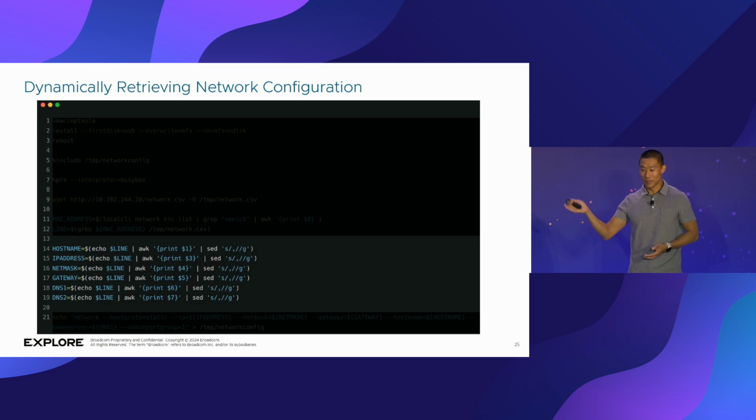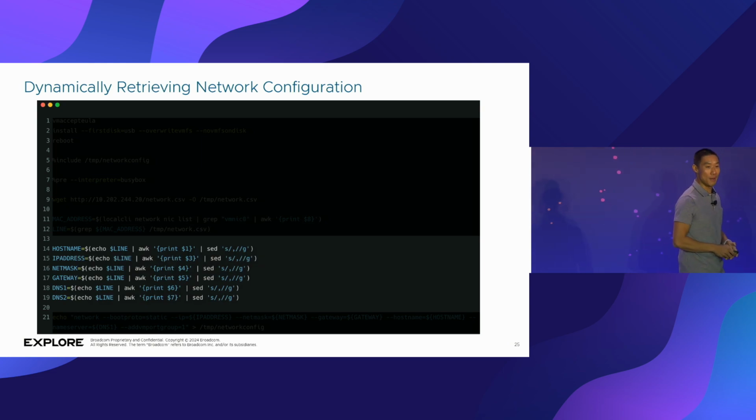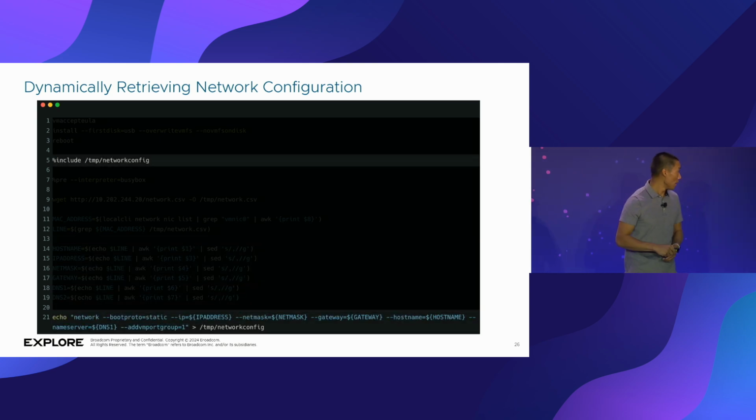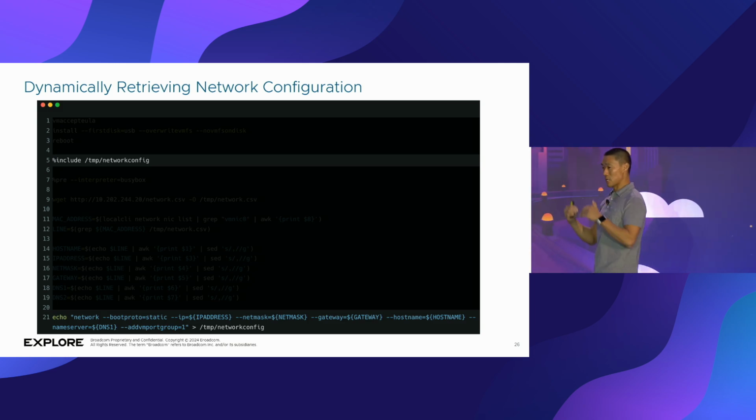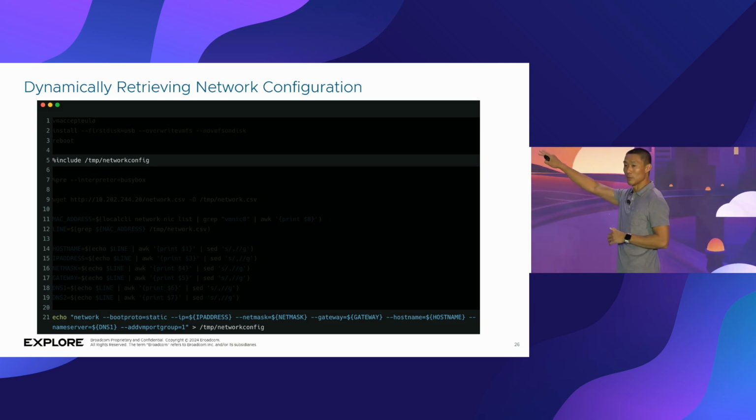And then a couple of basic shell scripting lines that pull out things like hostname, IP address, netmask, et cetera. And then finally, the last piece of it, sorry if you can't see that at the very bottom, I'm generating the Kickstart line that says, this is my network identity, and saving that back into this temp network config file, which is that same file that I set up here. So it reads that top to bottom, and so you can say, you know what, I don't know my networking yet.